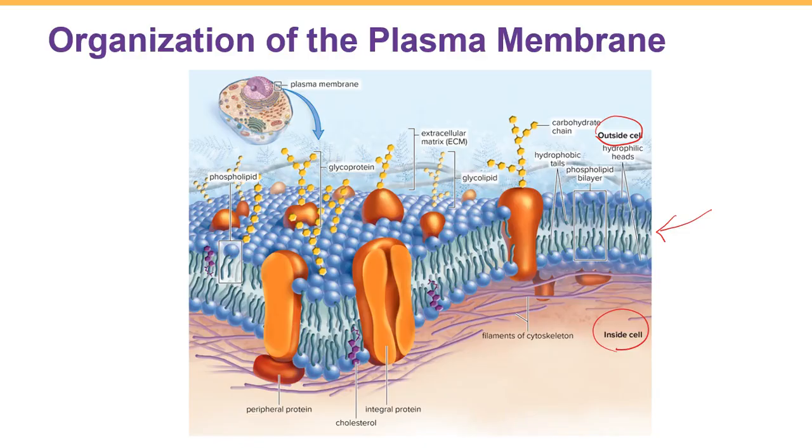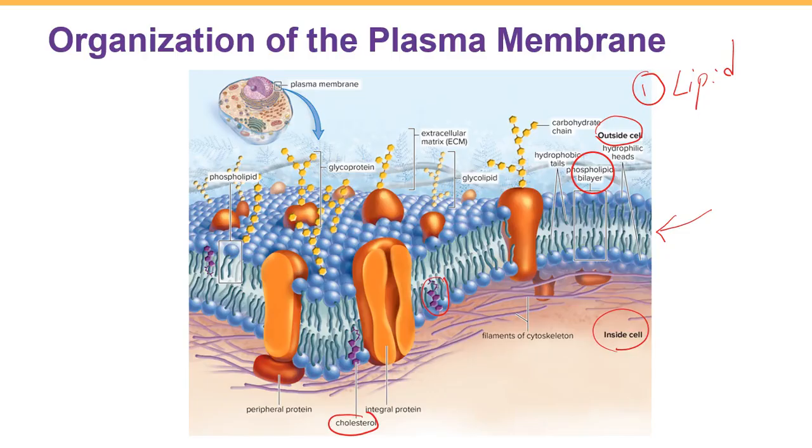What is this blue one? The blue one is a lipid, which is phospholipid. The purple one is also a lipid, which is called cholesterol. So one of the macromolecules found in the structure of the plasma membrane is lipid, like phospholipid and cholesterol.